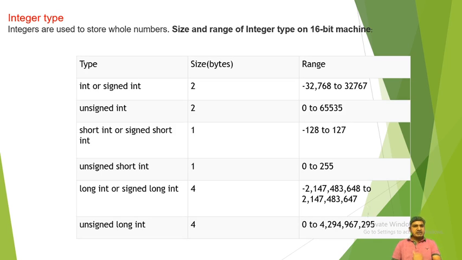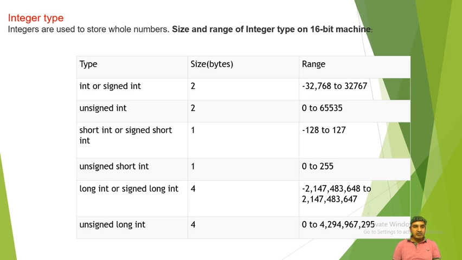If we consider unsigned short integer, it is 1 byte, meaning 8 bits. So the range can be determined by 2 raised to 8, where 8 represents 8 bits, minus 1. That is 256 minus 1, that is 255. So the range is 0 to 255.